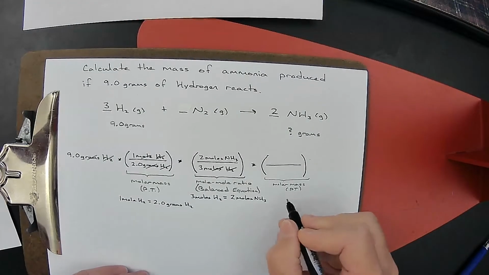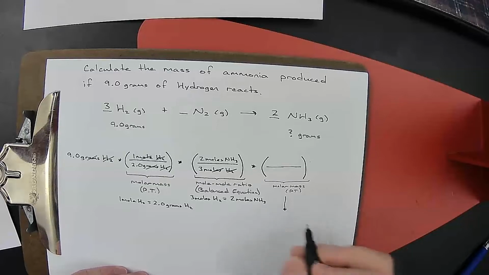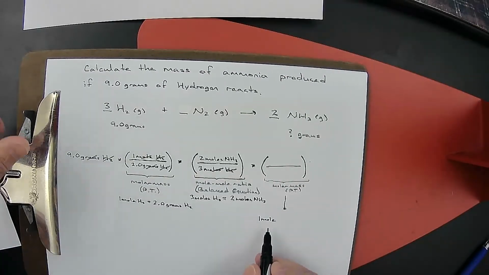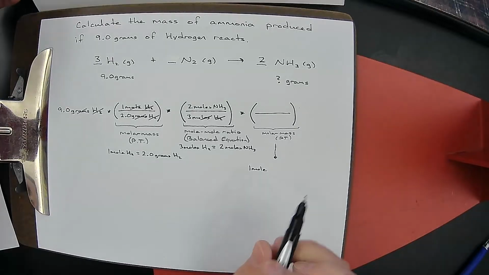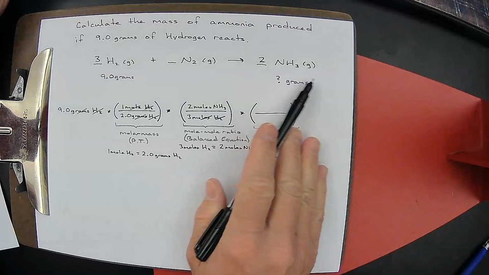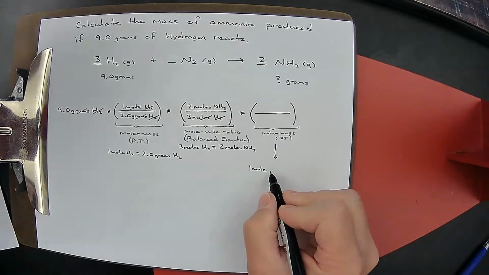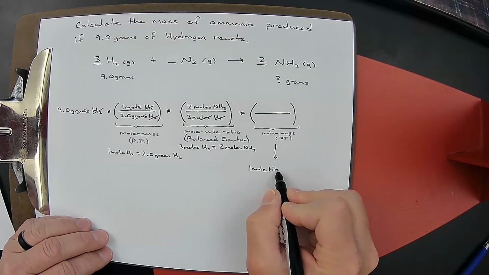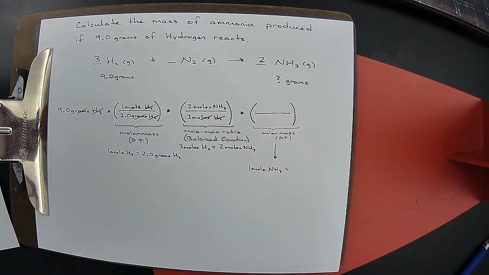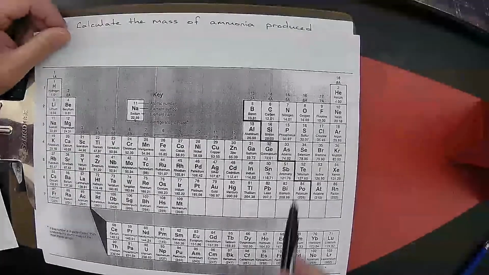So I'm going to write this, just make a little arrow down here. 1 mole, the molar mass is a mole. Well, a mole of what? In this case, it's my substance B, and that's what I'm looking for. And what I'm looking for is the NH3. So 1 mole of NH3 is equal to. Now, let's see if we can do this in our head.